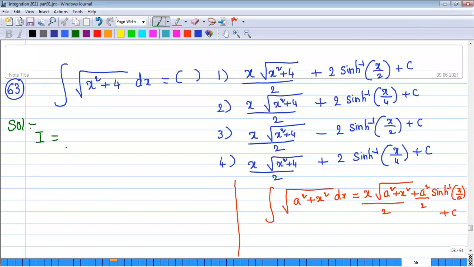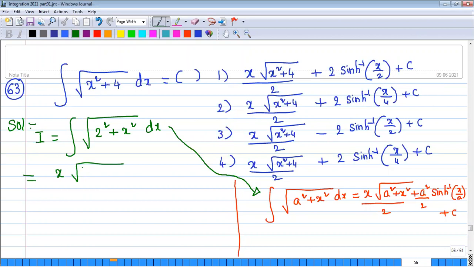I equals integral under root of 4, which can be written 2 square plus x square dx. So this is in the form of this formula. Using this formula, we can write x times root of 2 square plus x square, that is nothing but x root of x square plus 4 upon 2 plus a square, a square means 2 square, 4 by 2, sinh inverse x by 2.